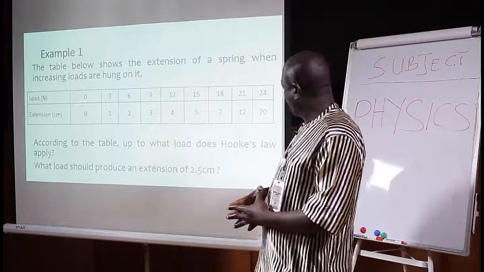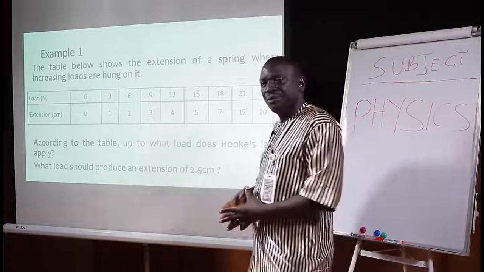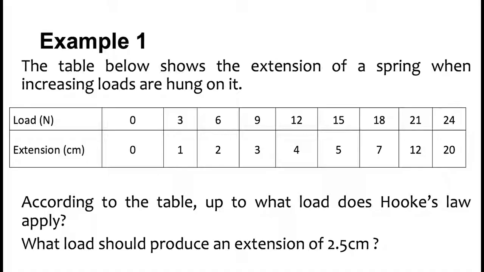So now we look at examples. Example 1 says, the table below shows the extension of a spring when increasing loads are hung on it. We have our table. On the first row, we have load in Newton.